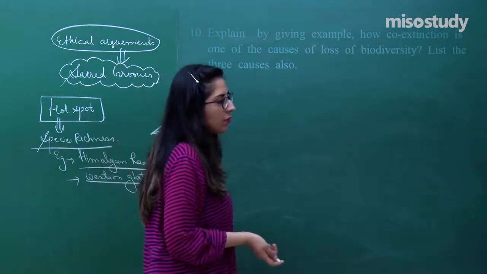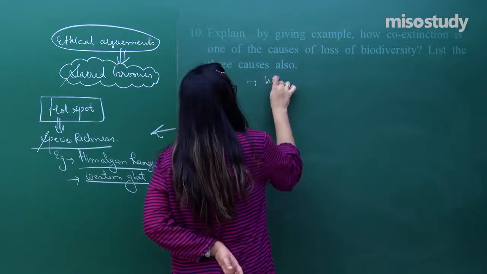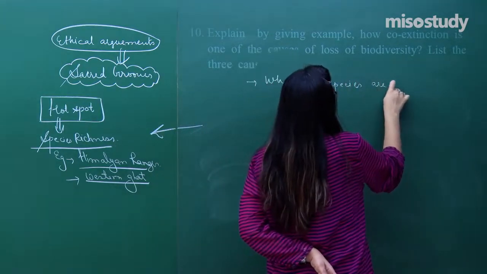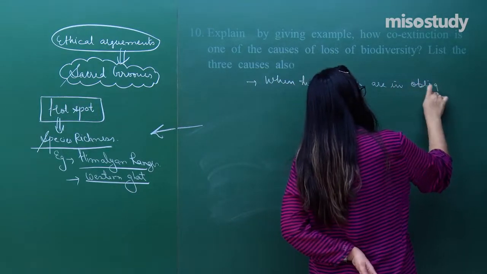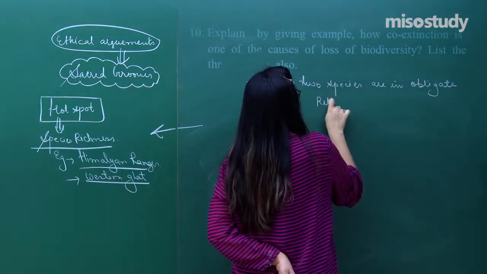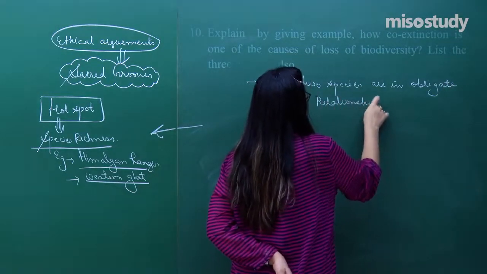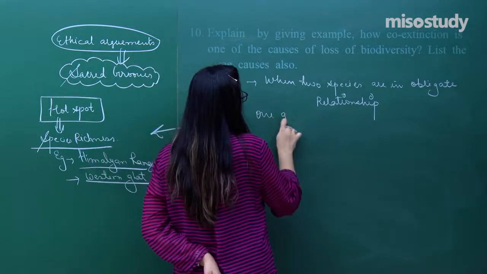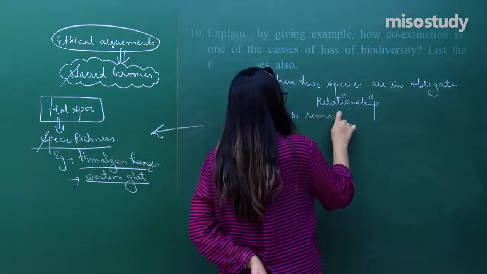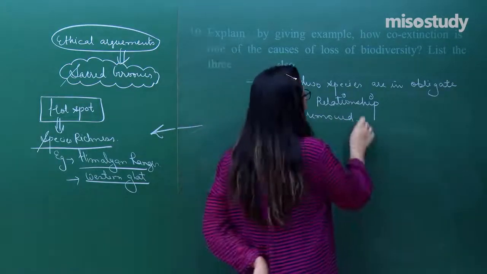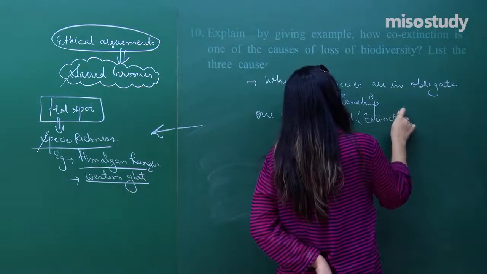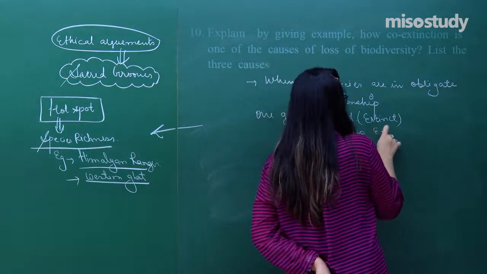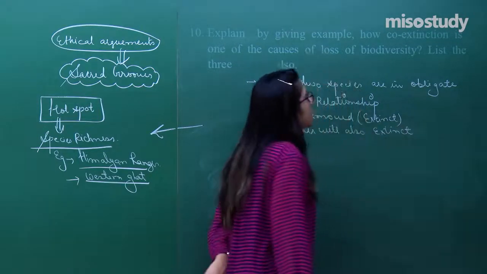Co-extinction we have discussed: when two species are in an obligate relationship, if one gets extinct, the other will also go extinct. This is called co-extinction.